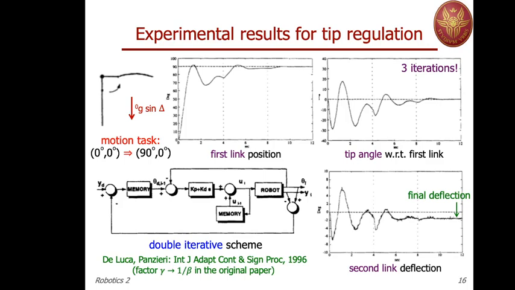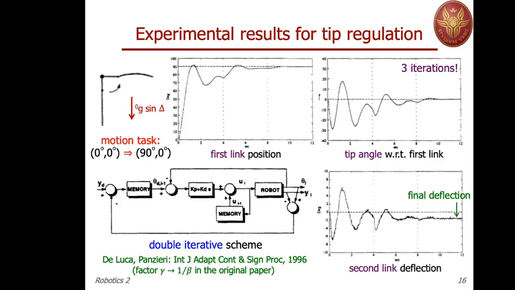We should have an external memory effect, to correct the reference in such a way that the tip, the actual output of the system, the tip angle, is aligned with the first link, like in the picture on top left of this slide. So this is the double memory scheme, the double iterative scheme that is made recursively.